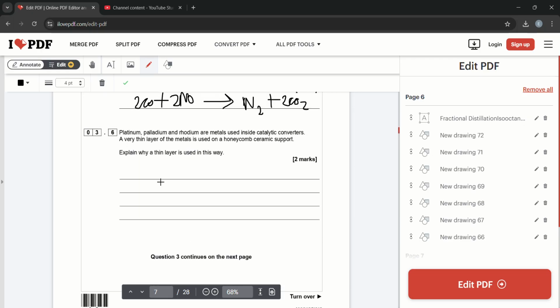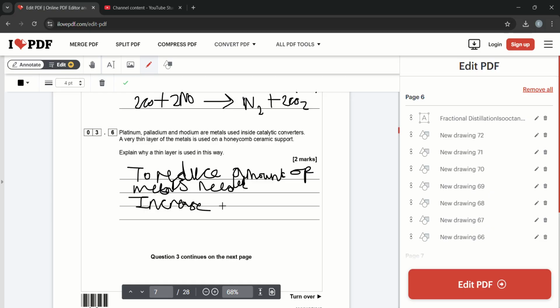And then 3.6, platinum, palladium, and rhodium are metals used inside catalytic converters. Explain why a thin layer is used in this way. A thin layer is used to reduce the amount of metals needed, and therefore increase surface area.